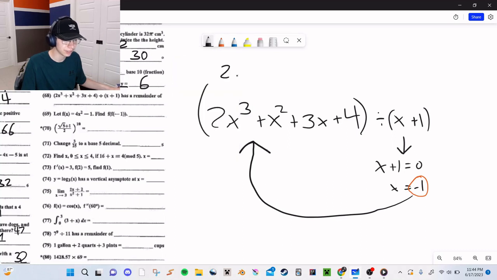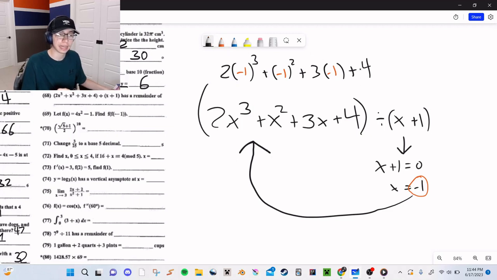So I would get 2 times -1 cubed plus -1 squared plus 3 times -1 plus 4. Now I evaluate this expression, so this is going to be -2.